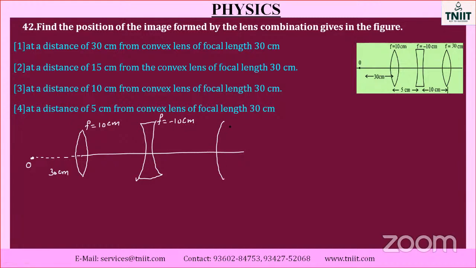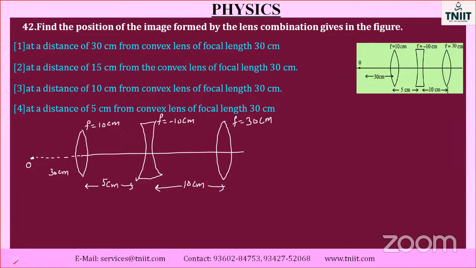Then there is one more convex lens placed here. That convex lens focal length is 30 centimeter. The distance between the first two lenses is 5 centimeter. The distance between the concave lens and convex lens is 10 centimeter. Now you have to find the final image position. Where is the final image going to be formed?